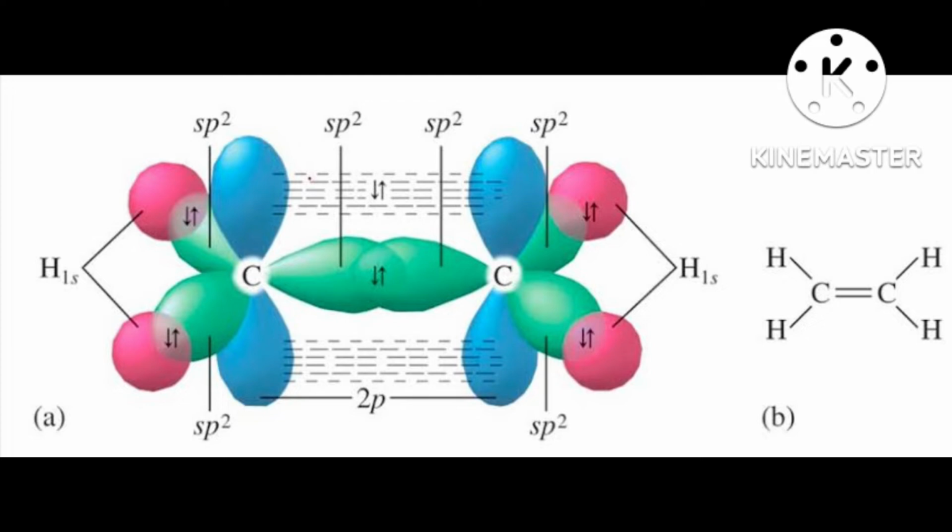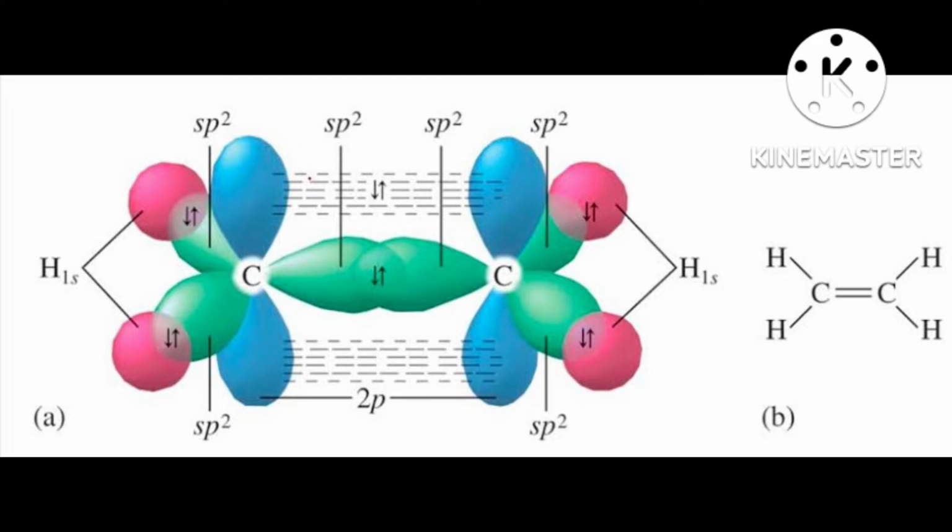The 2s orbital of carbon and the 1s orbital of H are spherically symmetrical and they can overlap in any direction. The S orbital, you know, is spherical.